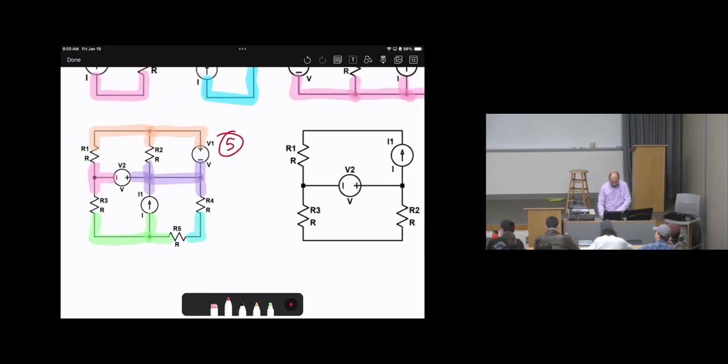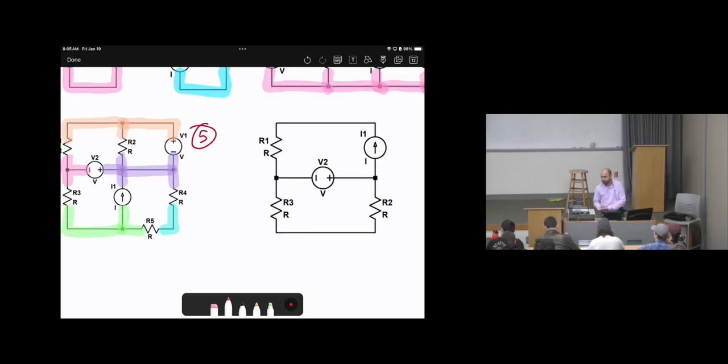Now the last circuit, it's your turn. Try it and tell me how many nodes. Okay, how many nodes? 4. Right. Let's explain it here.